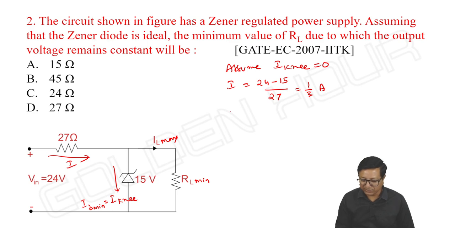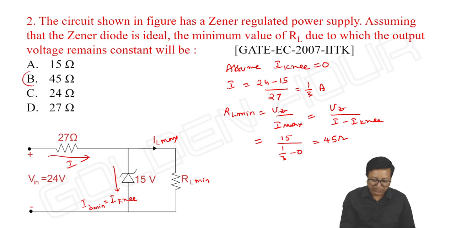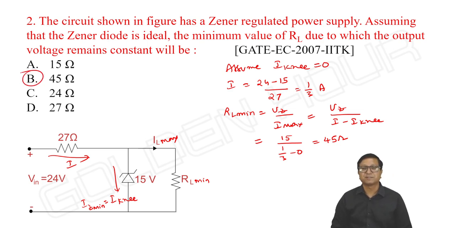I value we have got. Then RL minimum is equal to Vz by I max, which is Vz by I minus the knee current. Vz is equal to 15 by 1 by 3 minus 0. It is 45 ohms. Option B is correct.